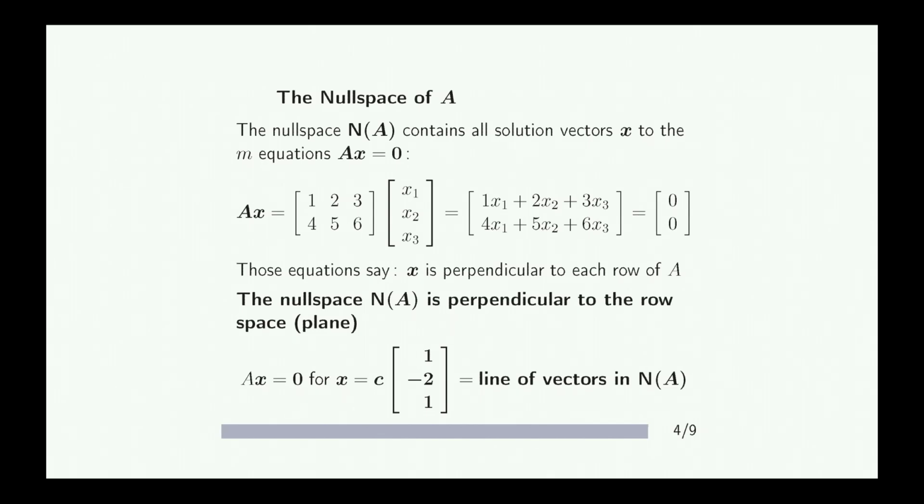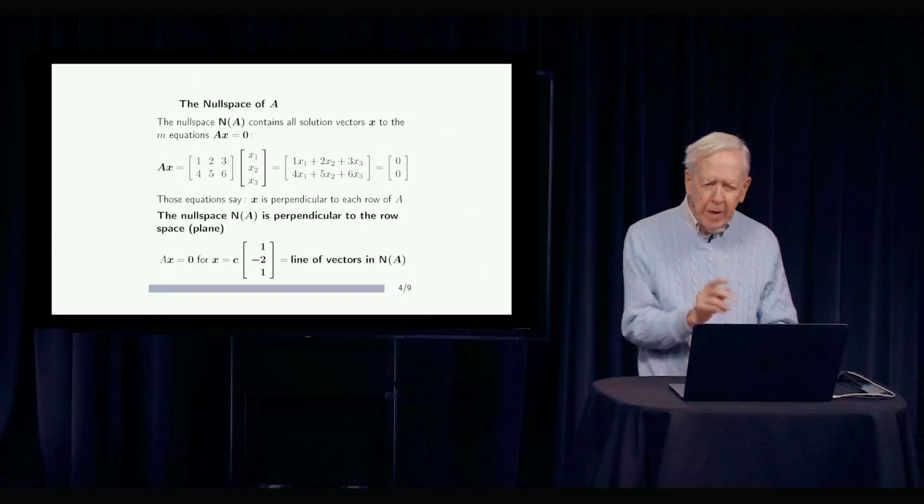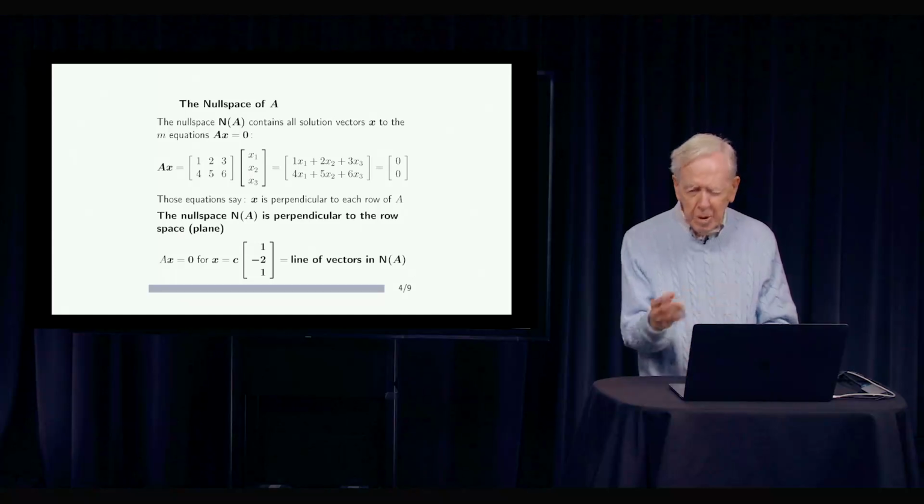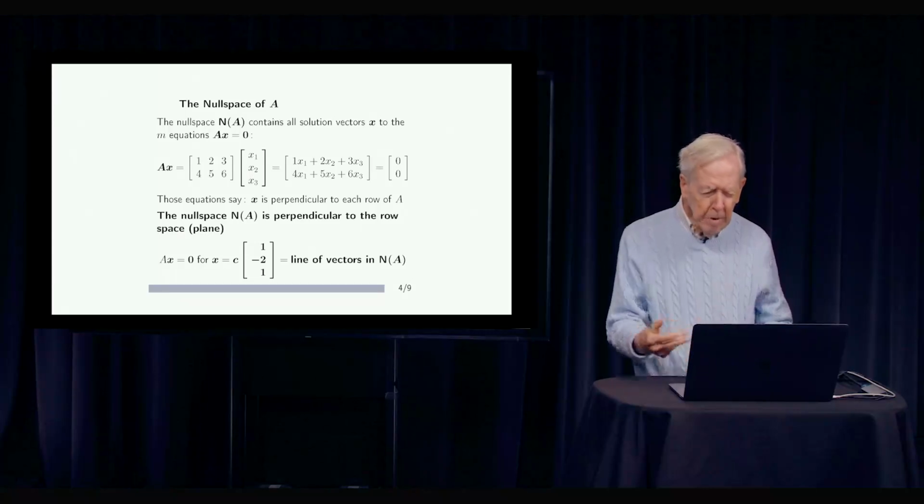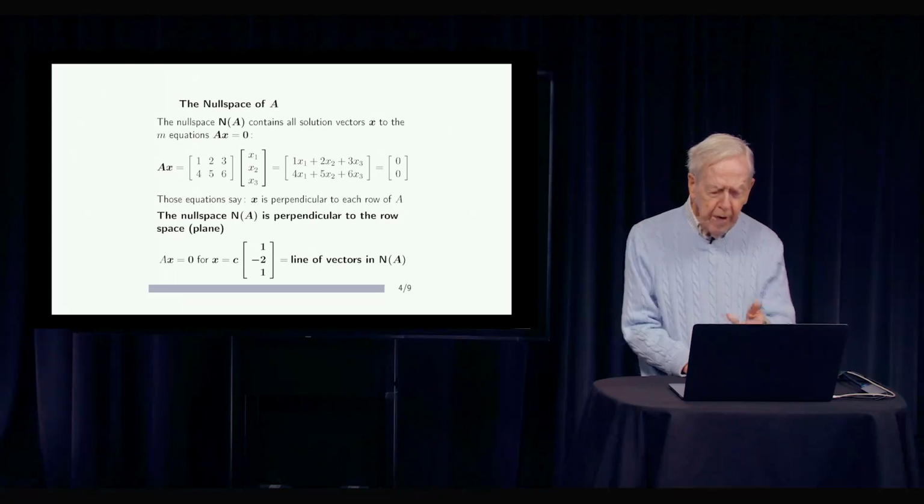If I add 1, 4 and 3, 6, that gives me 4, 10, and that's just twice 2, 5. So that line of vectors through 1, minus 2, 1 is the null space. That's what elimination and linear algebra finds, the solution.